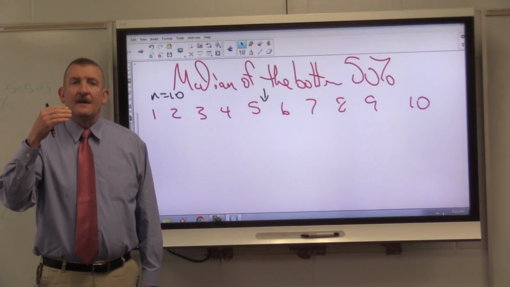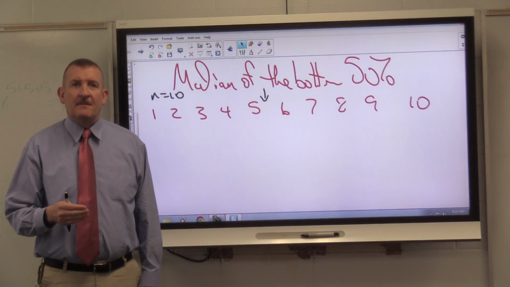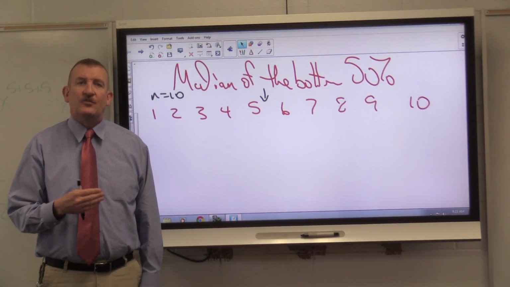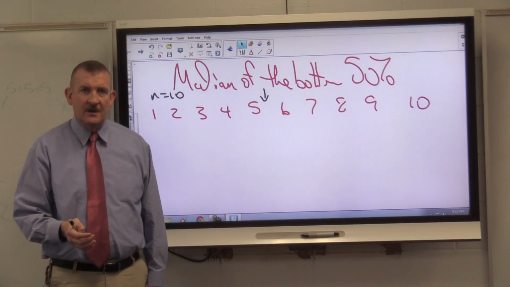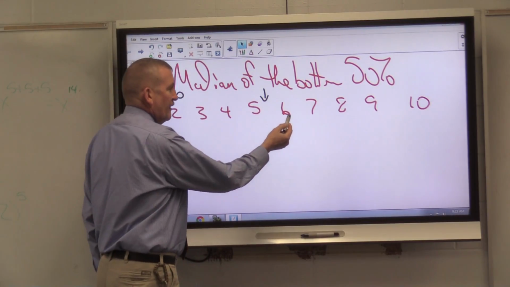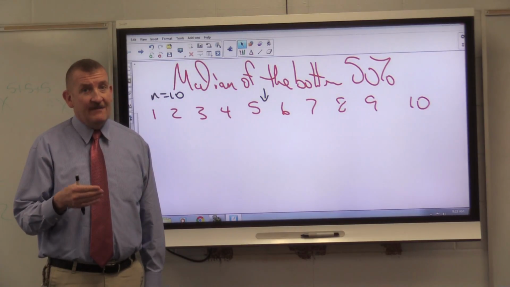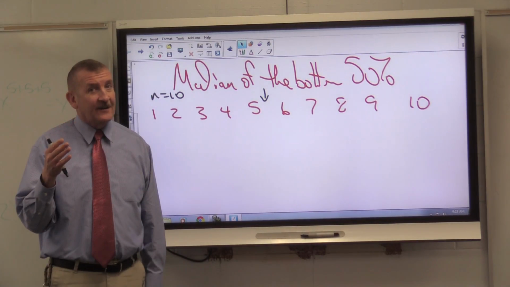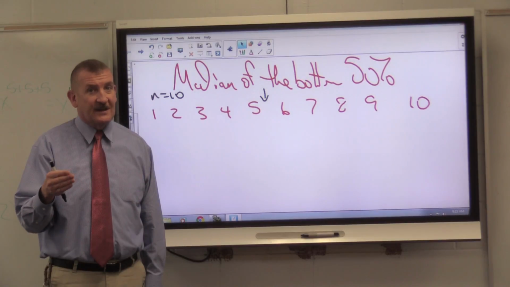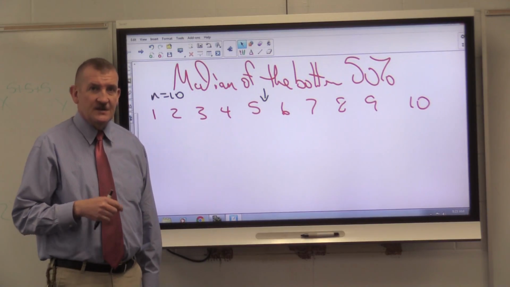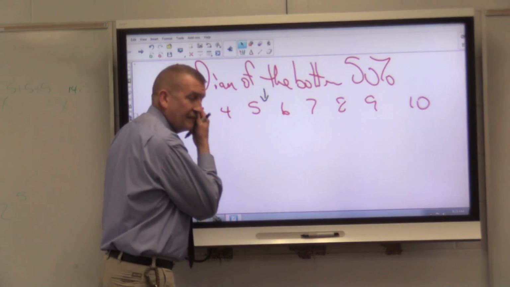Since it's an even number of data, my median is the average of the two middle numbers. Well, my two middle numbers are 5 and 6. So the average of 5 and 6, hopefully you don't need a calculator for that, is 5.5. So my median is 5.5.